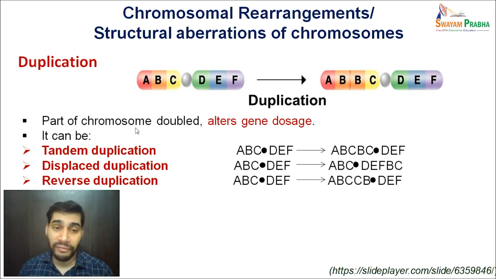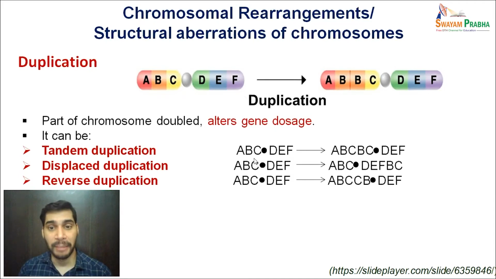Now, if there is a doubling of part of the chromosome, obviously it is going to alter the dosage of the gene. This duplication can be of various types. First is the tandem duplication. What we mean by tandem duplication is immediately or consecutively after the first one.